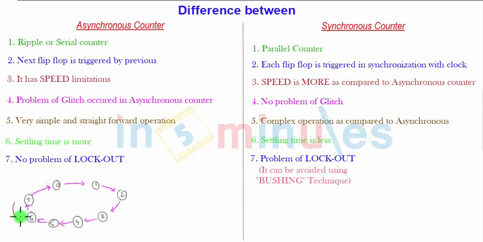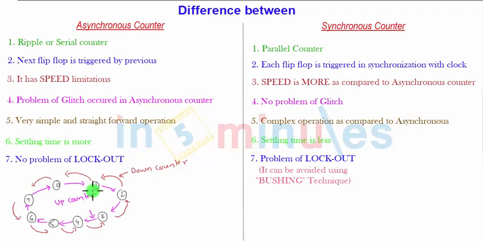Meaning, 7 goes to 6, 6 goes to 5, 5 goes to 4, likewise, and 0 goes to 7 again. So this is the down counting in serial or ripple manner, and the pink one shown inside is the up counter, serially.